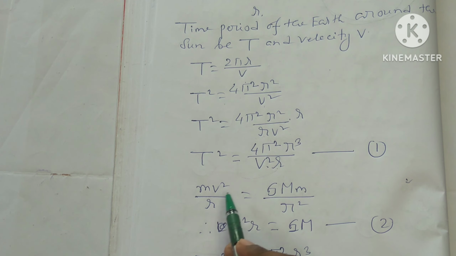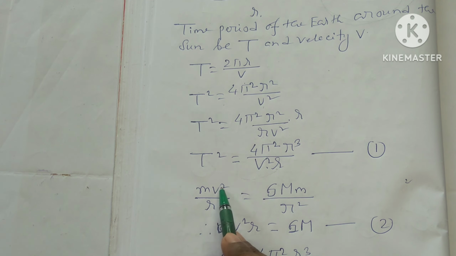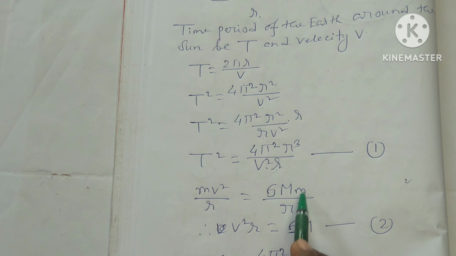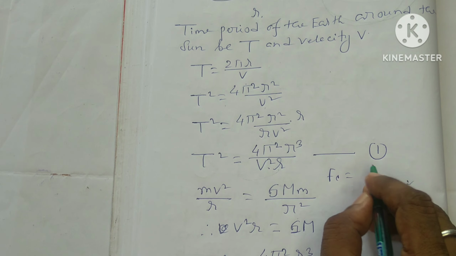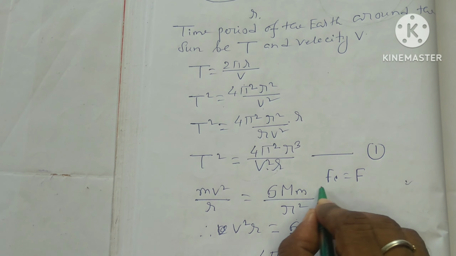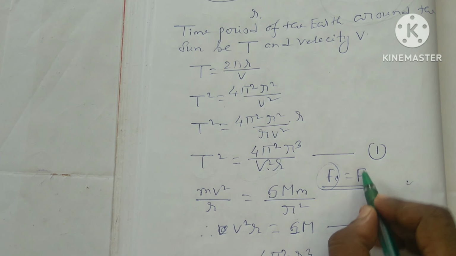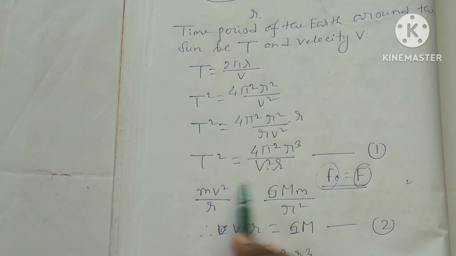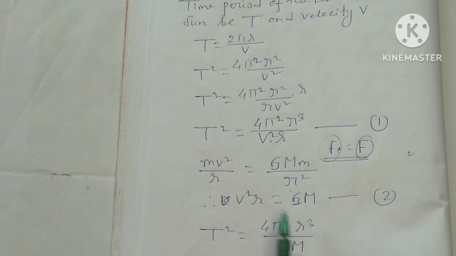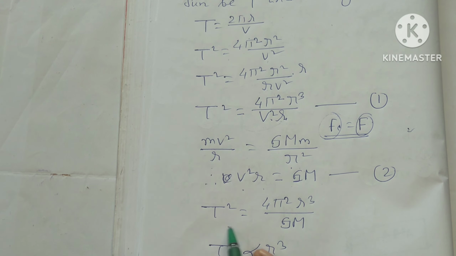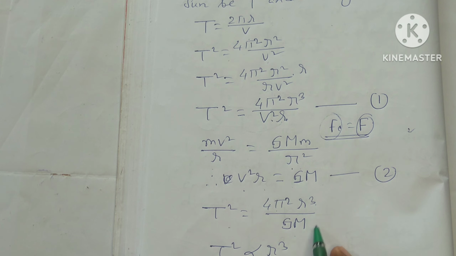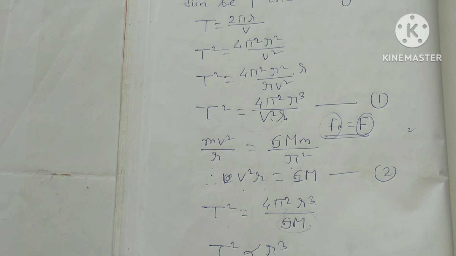For a circular motion we can write m v square by r equal to G M m by r square, since centripetal force Fc equals the gravitational force F. So we can write m v square by r equal to G M m by r square. So here we get v square r equal to G M. Putting this value in equation 1, we get T square equal to 4 pi square r cube by G M. So this is constant, and we can write T square proportional to r cube.